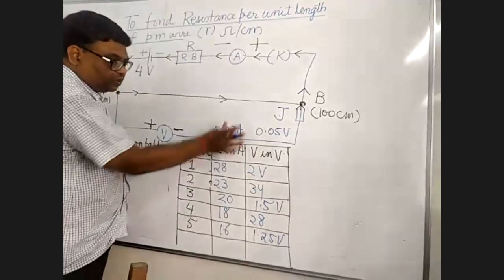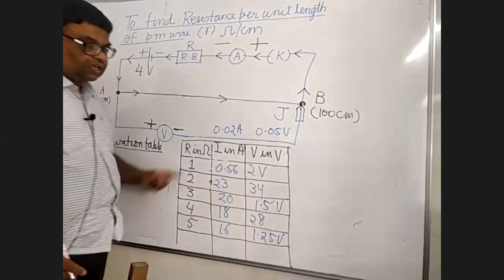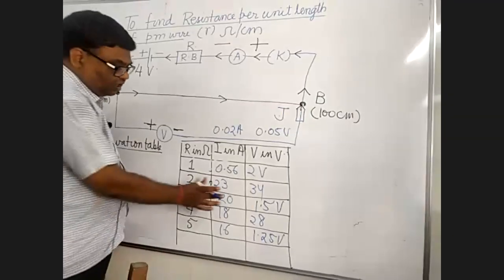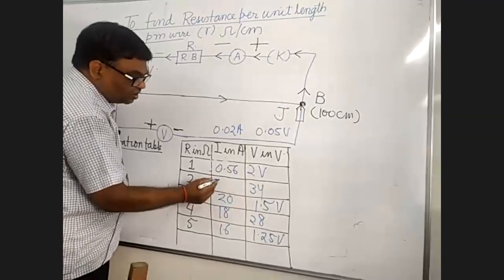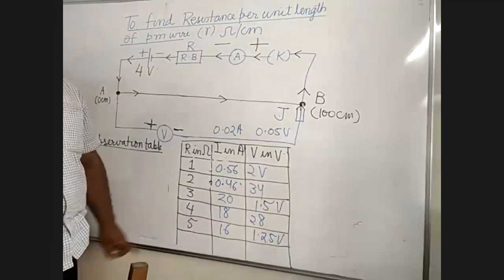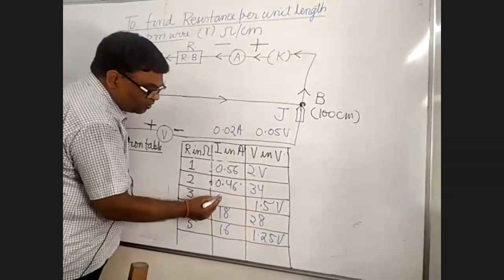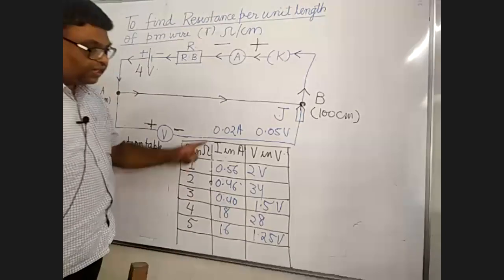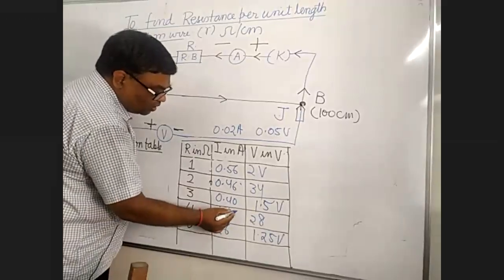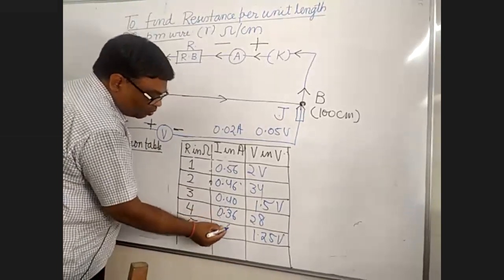So 28 gives 0.56 ampere at 2 volt. Then 23 gives 0.46. Then 20 gives 0.4. 18 gives 0.36. And then 16 gives 0.32.